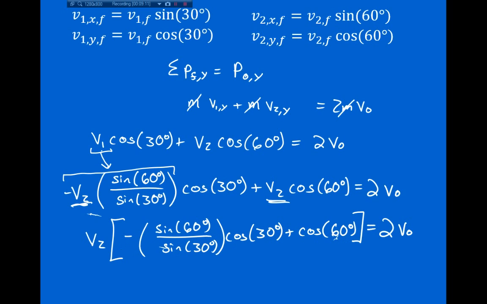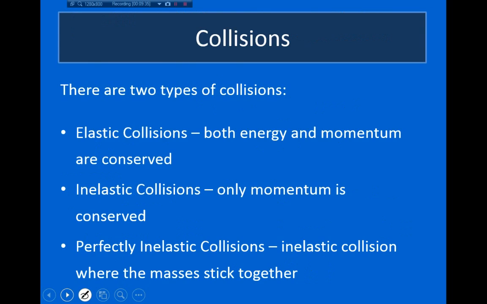So v2 is equal to 2 v0, which is 2 times 45 meters per second. So v2 is equal to 90 meters per second.